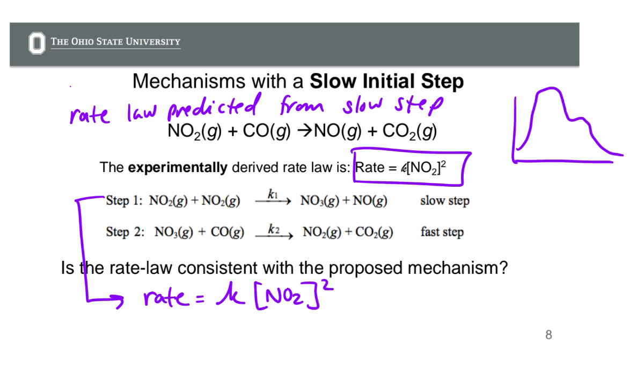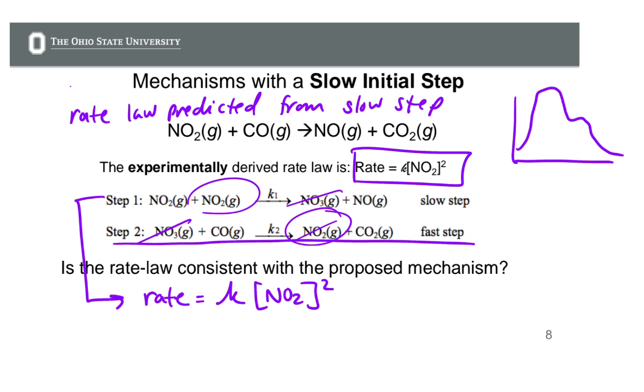Okay. Just to reiterate what we're doing here with our steps in the rate law. If we add these up, we have NO3 produced in the first step. It's consumed immediately in the second step. And we actually have an NO produced here and one used here.